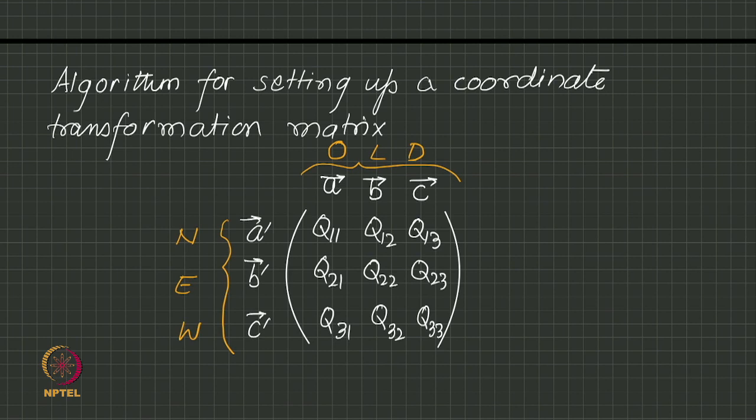So, each column is an old vector, each row is a component corresponding to the new vectors.